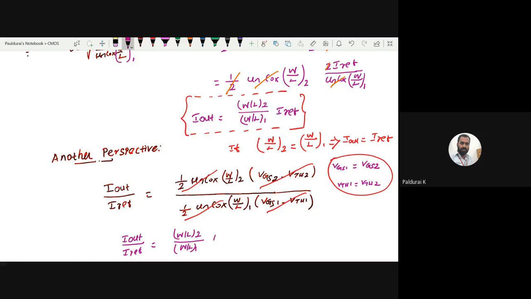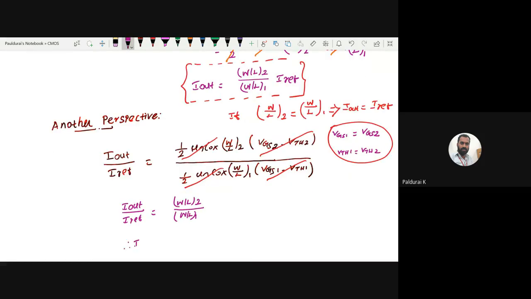Therefore my I out equals the width to length ratio of the second transistor over the width to length ratio of the first transistor times I reference. So it is the same equation. This is what we discussed yesterday. So far any doubt?